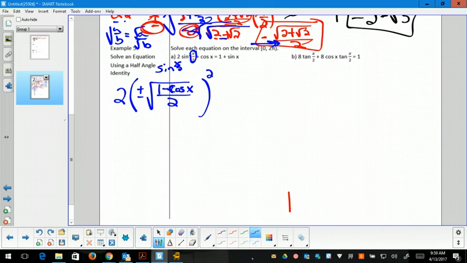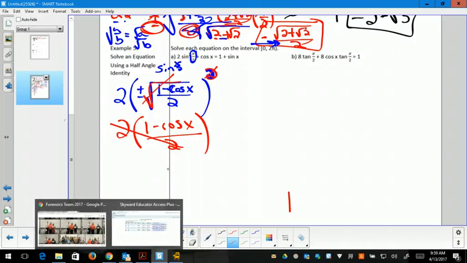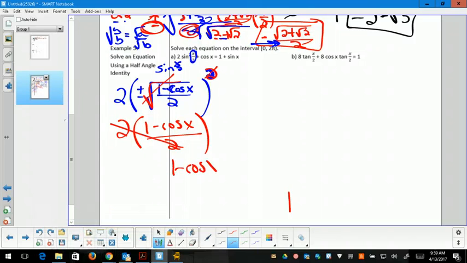Cosine doesn't necessarily cancel out, but the squared and the radical go away. They're inverse operations. So now I have 2 times 1 minus cosine of x all over 2. Well, the 2's cancel out. So now I have 1 minus cosine x and the rest of my equation plus cosine x.